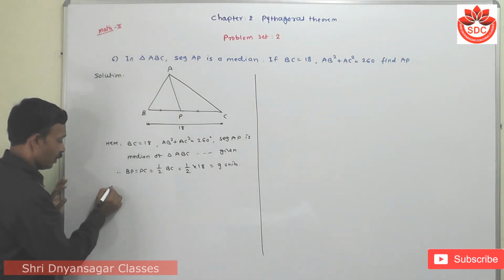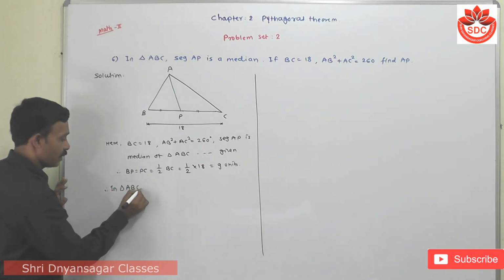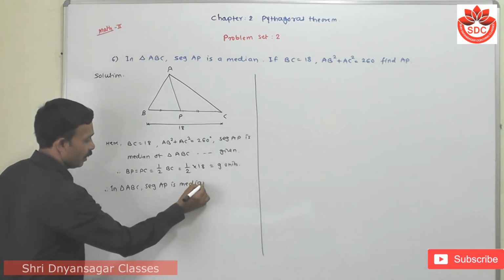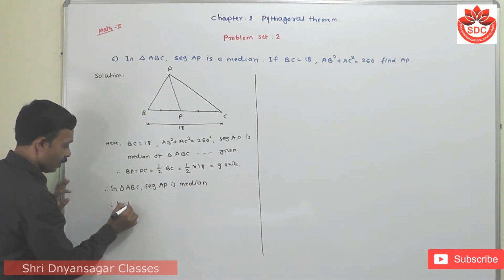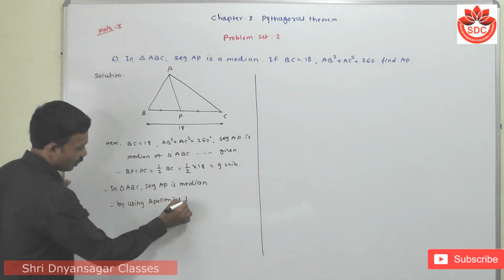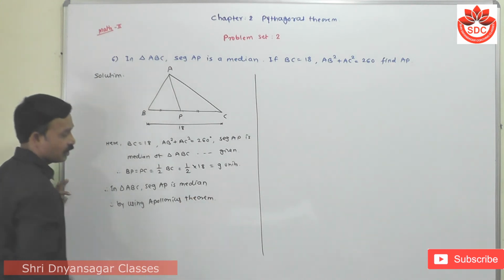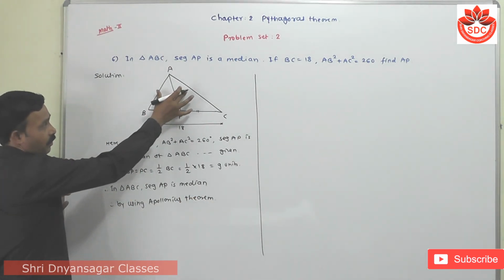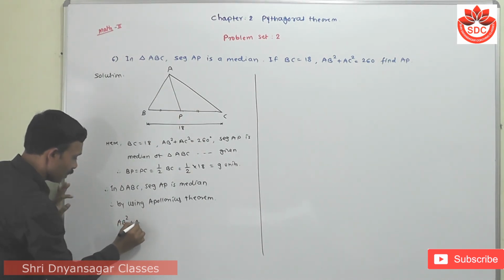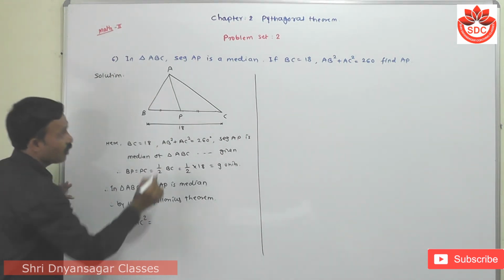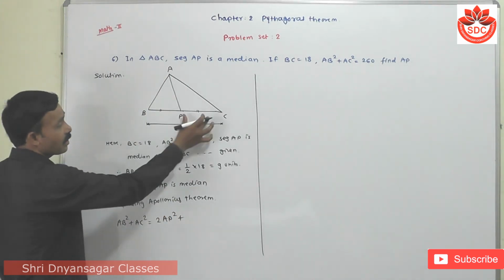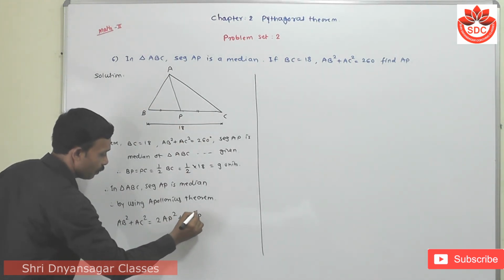Therefore, in triangle ABC, segment AP is the median. By using Apollonius theorem, the sum of the squares of the two sides, AB square plus AC square, is equal to twice the square of the median, twice AP square, plus twice the square of one part, BP or PC square.